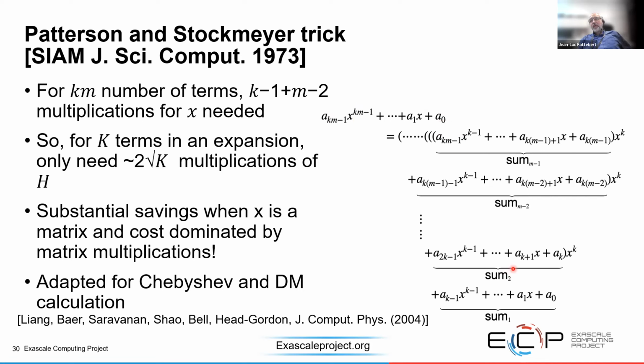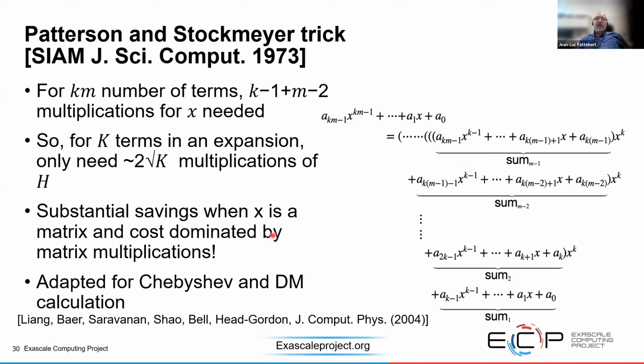You can group terms in a smarter way so that you reduce the number of matrix multiplications. If X is a matrix here, instead of having km minus 1 matrix multiplications, you have only about 2 times the square root of that number. So if your polynomial order was on the order of 100, you end up with only 20 matrix multiplications.